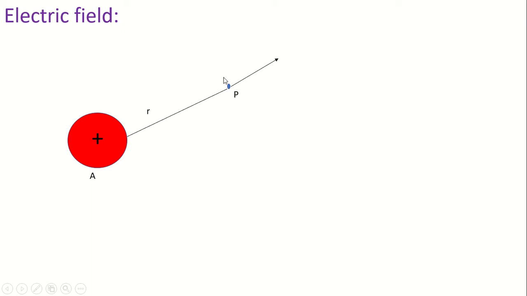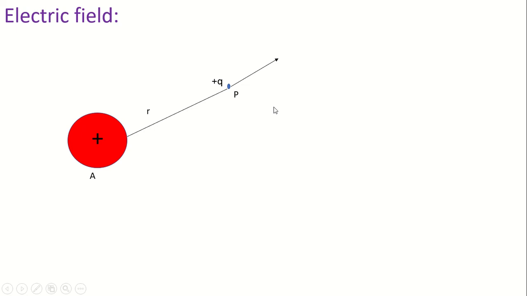if we place a test charge plus Q, then that test charge will experience a force, isn't it? So this positive test charge will experience a force, for what reason? For the electric field intensity of this positively charged body.